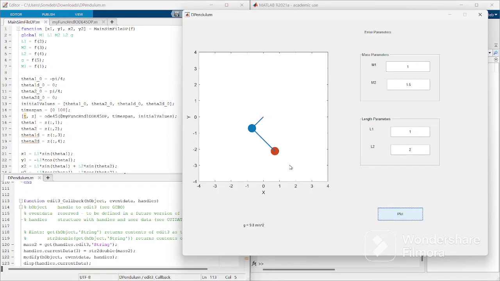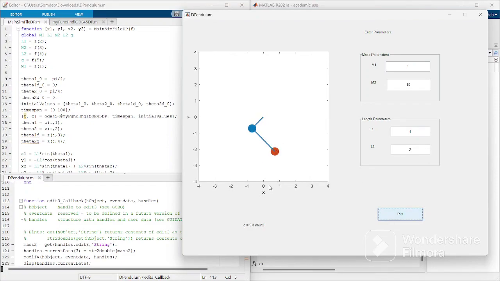Let's increase the mass M2 to something like 10 kilos to check whether the mass has a role in this.